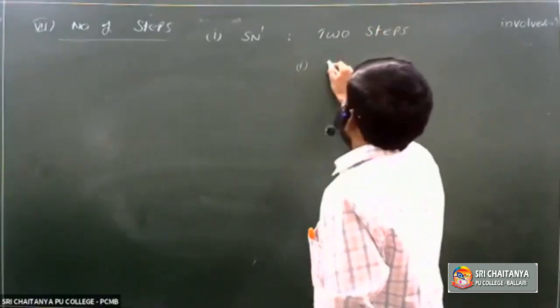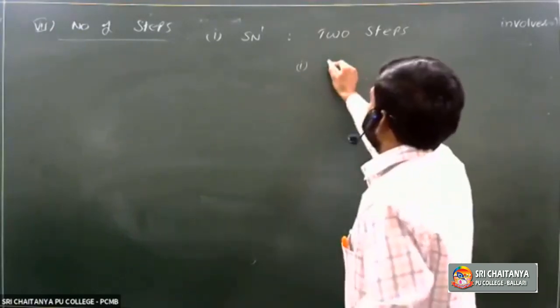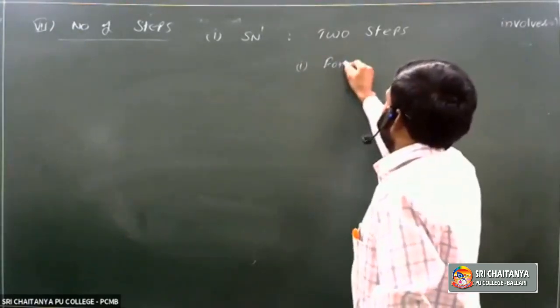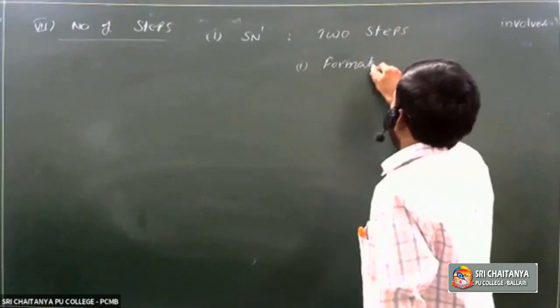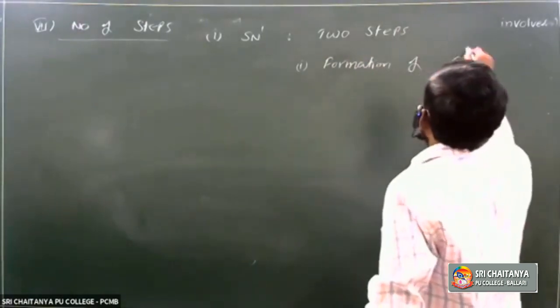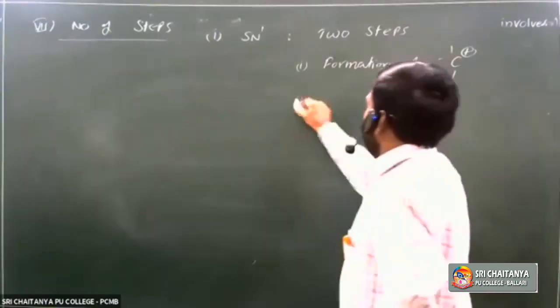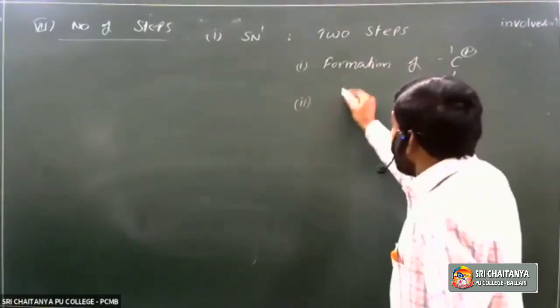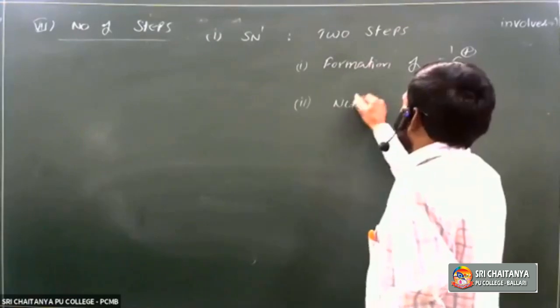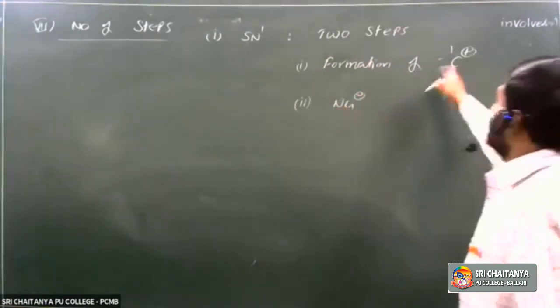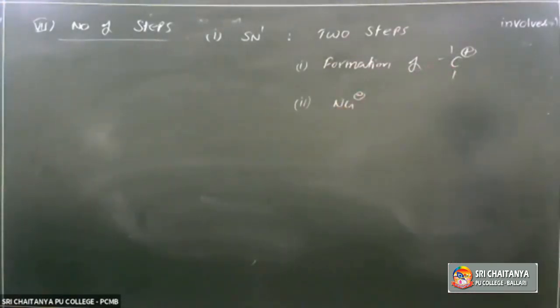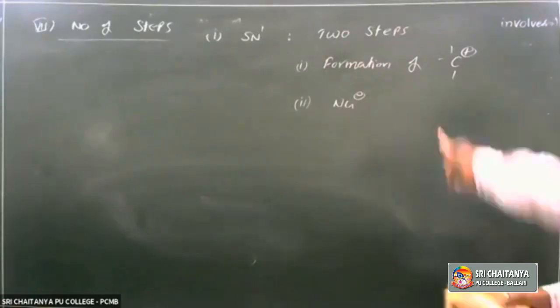The first one is formation of carbocation. The second step is attacking of the nucleophile on the carbocation. So SN1 reaction takes place in 2 steps.